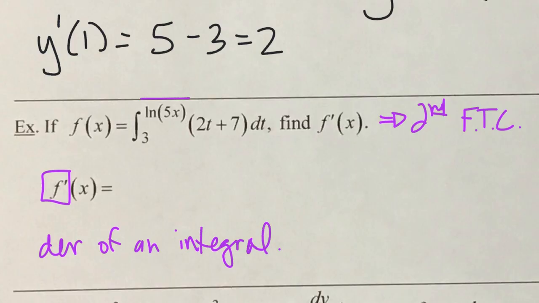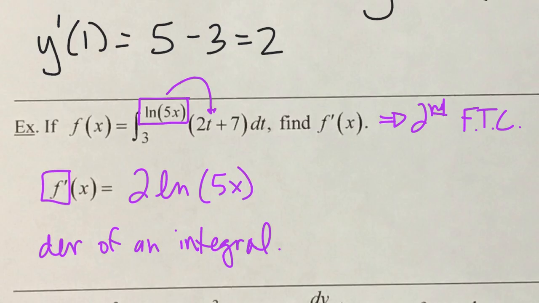Which means we simply take our integrand, right, your upper bound, and you plug it in for t. So 2 times the natural log of 5x times what is the derivative of natural log of 5x? 1 over 5x times 5 plus 7.